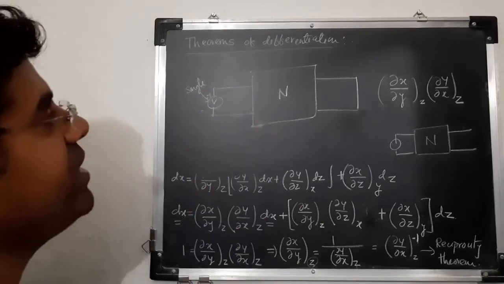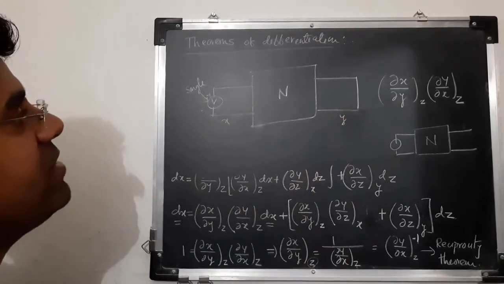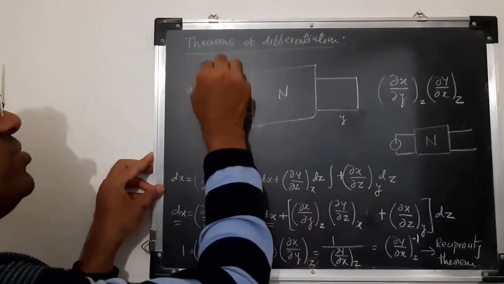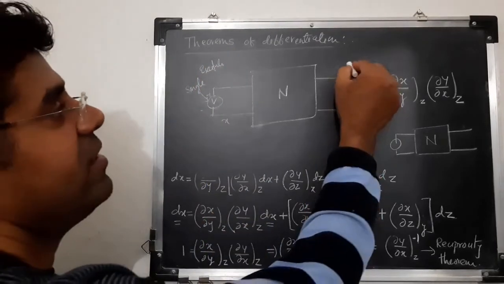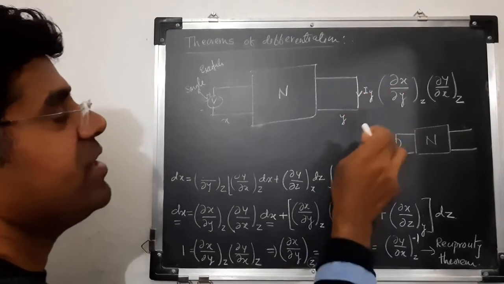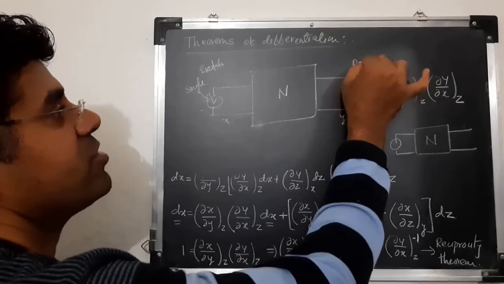Suppose this is your voltage, and this is the X branch, this is your Y branch, and this is my excitation. Here I can measure the current, meaning how much current we can pass through that particular circuit. So that is my response.